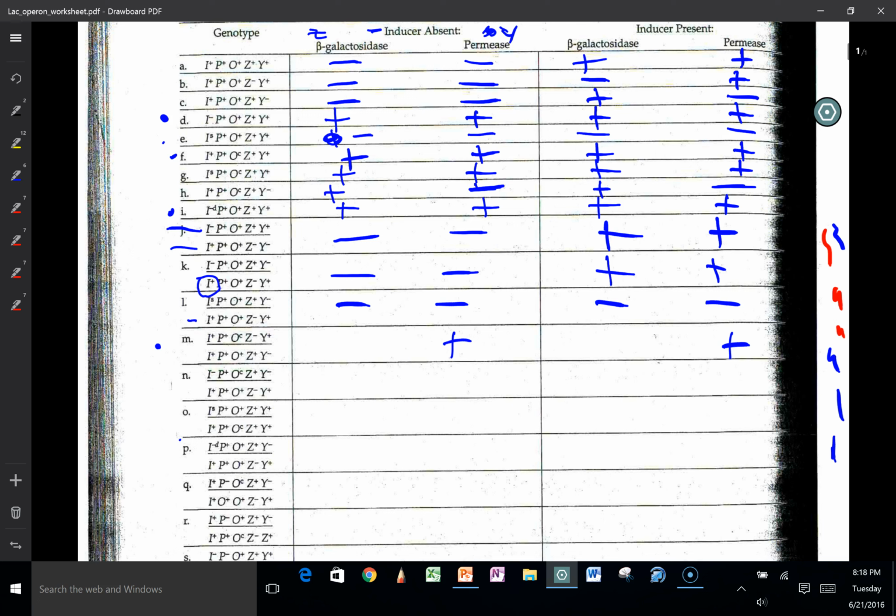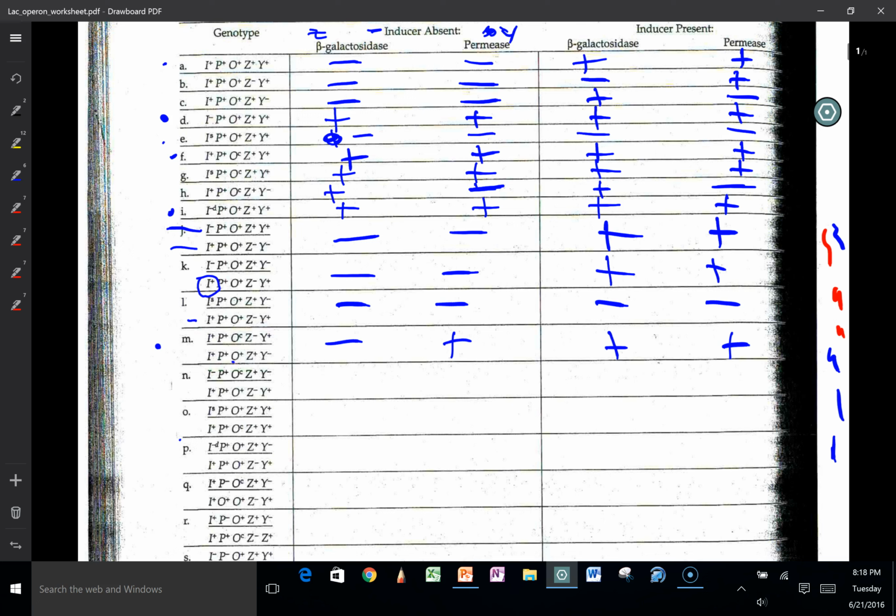But the z plus, which is connected to the O plus operator, is inducible in a normal way. So the O plus operator, just like in wild type, the phenotype of that is inducible, off and then on. So what we see in M is that OC controls y and O plus controls z, and they don't cross over.